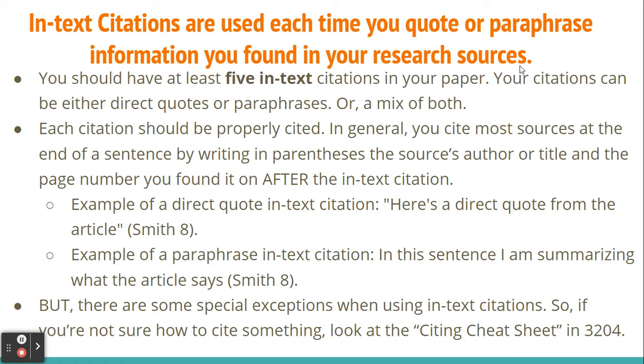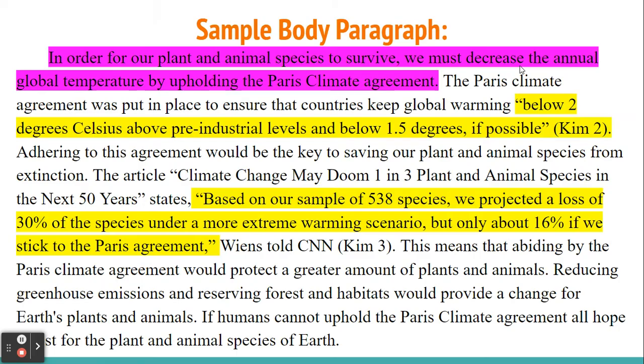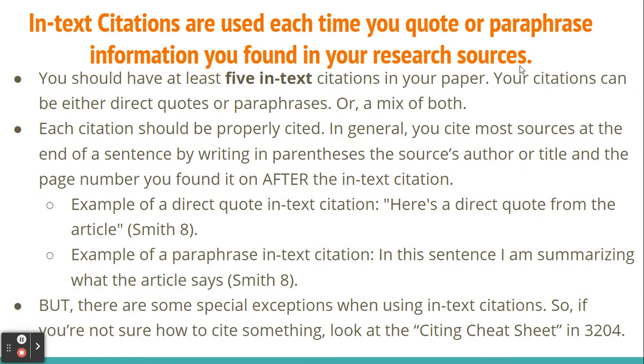So you'll use in-text citations each time you quote, if you use a direct quote just like she did, or if you paraphrase, meaning you take information from the source that you found and put it into your own words. For both of those instances, you'll use in-text citations to show where you got your information from.